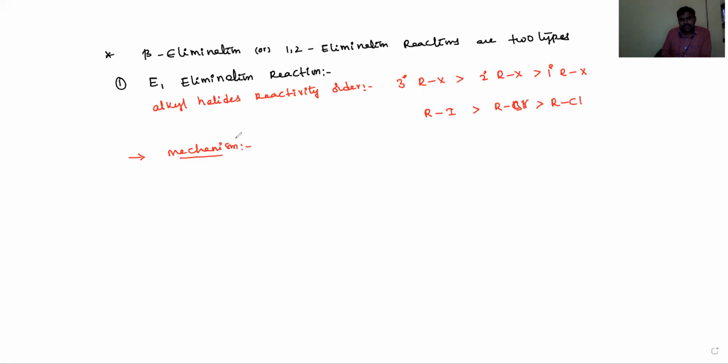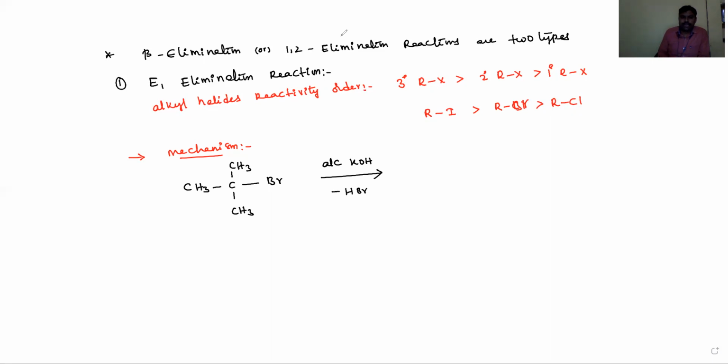We have to take one tertiary alkyl halide, dear students, for example CH3, CH3, CH3 bonded to Br, which is tertiary butyl bromide. It is in the presence of alcoholic KOH or NaOH, with loss of hydrogen bromide, HBr.